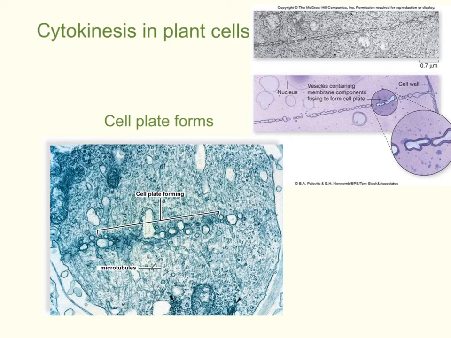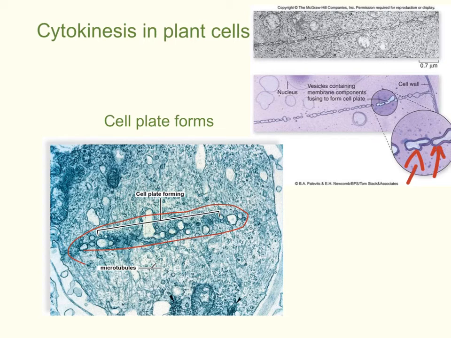Cytokinesis in plant cells happens when vesicles with cell wall material travel to the metaphase plate and fuse midway between the daughter nuclei. It is then called a cell plate. So here you can see the cell plate forming where the vesicles are fusing together. In the close-up on the right, you can see where vesicles are coming into contact with each other.